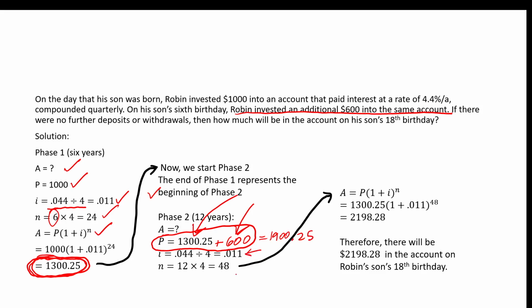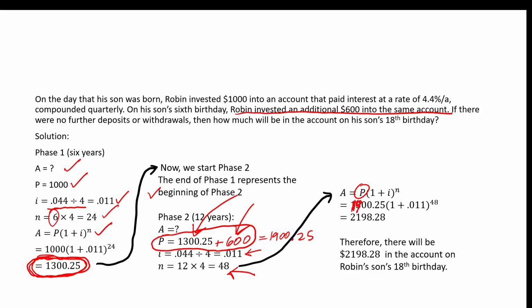i is equal to 0.044 divided by 4, which is 0.011, and n is equal to 12 times 4, which is 48. Now, since the second phase lasts for 12 years, we're going to use the formula given. But the one mistake here is instead of saying that P is equal to $1,300.25, we'll say it's equal to $1,900.25.